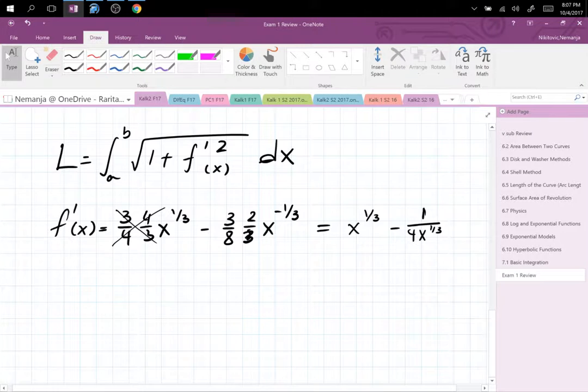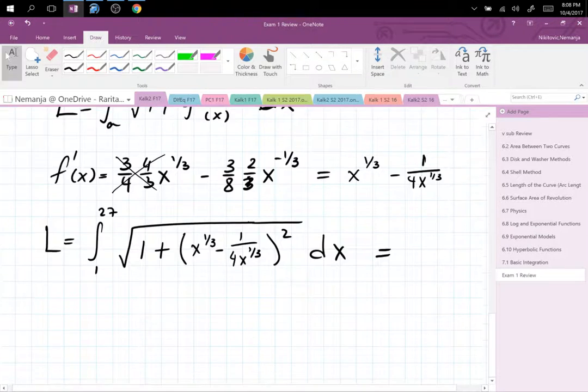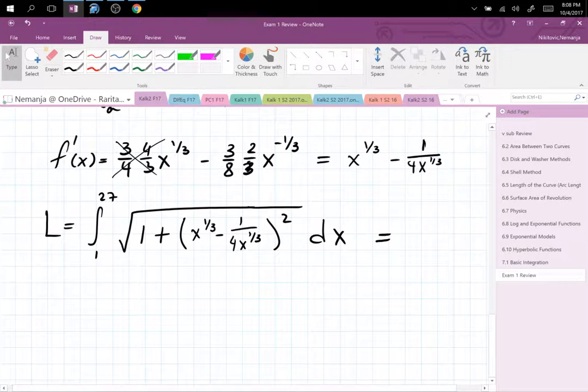Now we are going to use this in the integral. So 1 to 27 of the square root of 1 plus, and I now have x to the 1/3 minus 1 over 4 x to the 1/3, squared, dx. The only thing we can do here is to square and hope we get that 1/2 in the middle so we can use the trick, right?